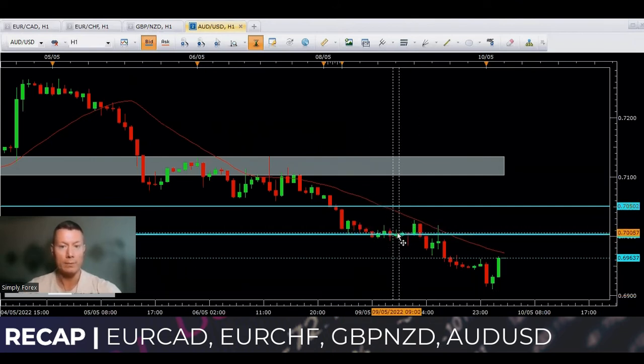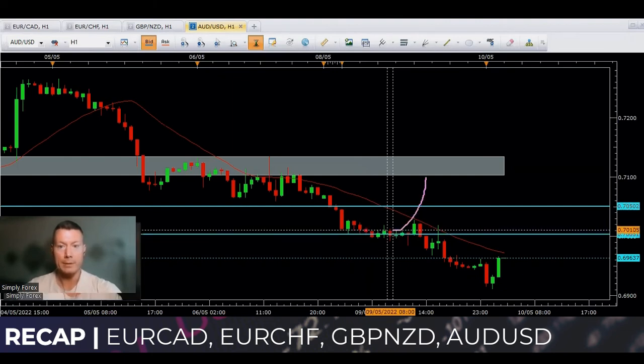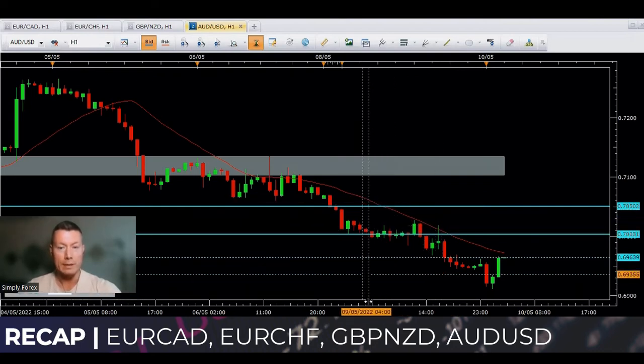Time I woke up was around here. I was looking for a retrace back up into this grey zone. I would even have taken a retrace up into these lows. If price came up to these lows, I would have taken a trade off of these lows. But as you can see, guys, the market just didn't retrace.